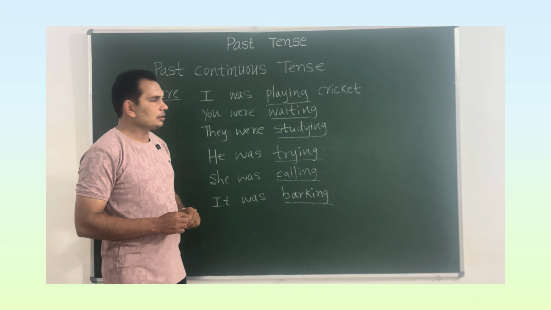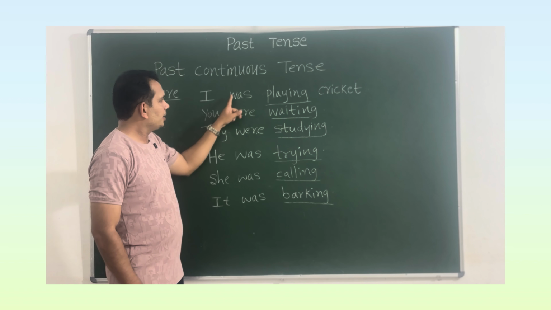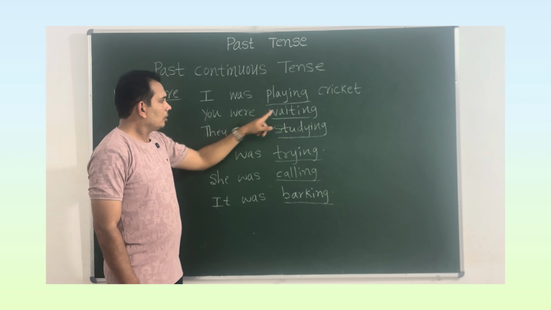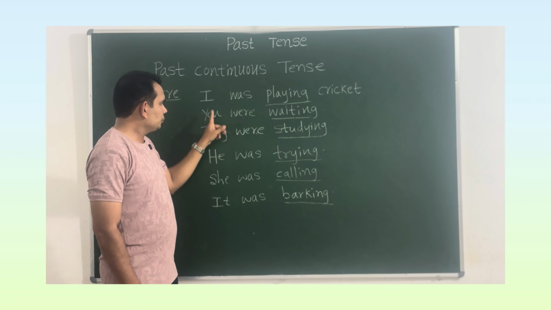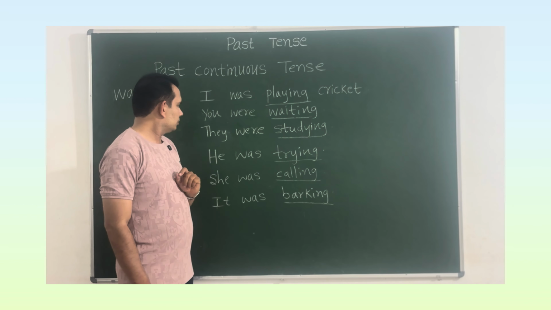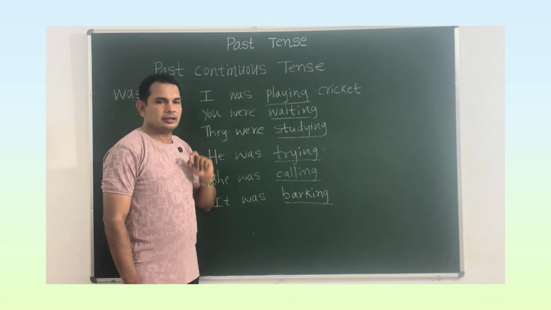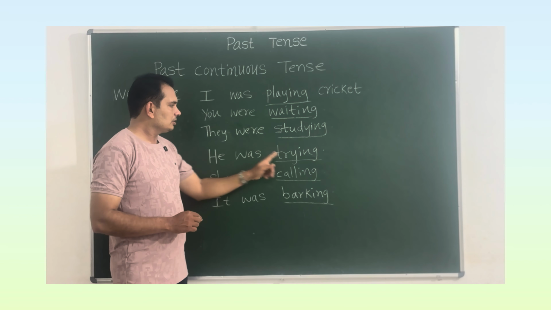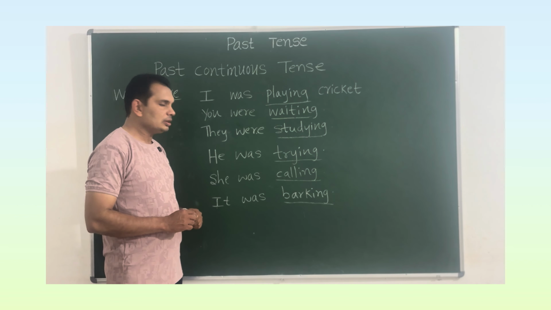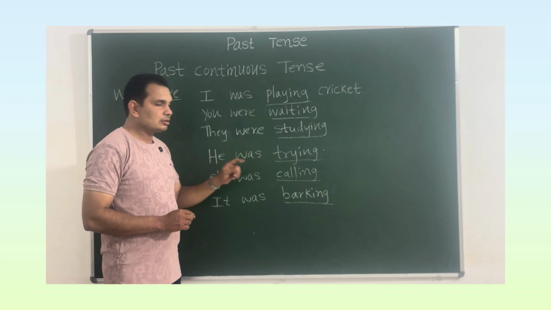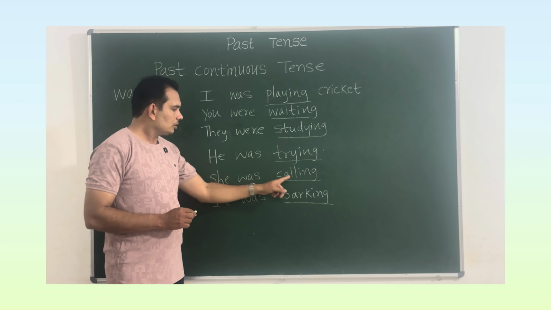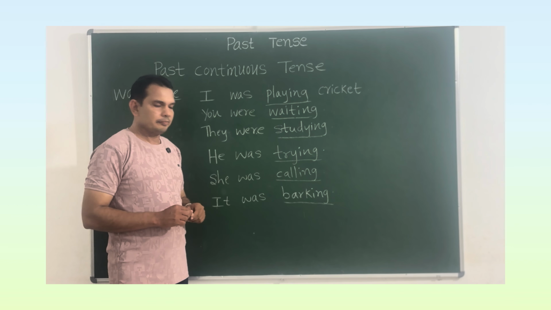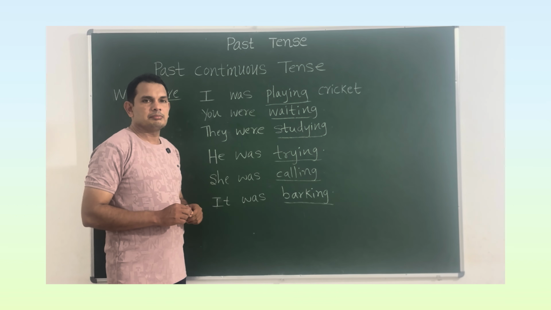When we write this in the negative, it becomes I was not playing cricket. You were waiting. You were not waiting. They were studying. They were not studying. He was trying. He was not trying. She was calling. She wasn't calling, or she was not calling. It was barking. It was not barking.